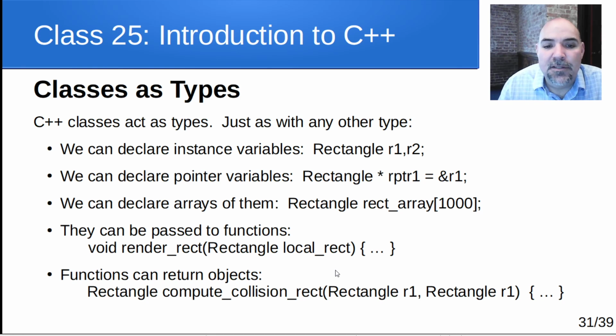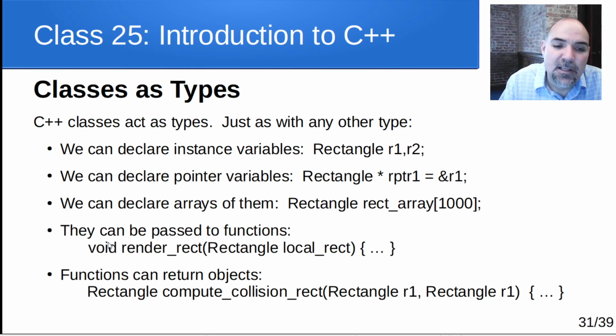You can declare arrays of them, but notice you can do that with instances as well. You can declare instance variables, Rectangle r1, r2. You can declare pointer variables, pointers to rectangles, Rectangle pointer rptr1 equal address of r1. Just like with integers, you can declare arrays of them, Rectangle rectArray[1000]. So this is space for 1,000 rectangle instances.